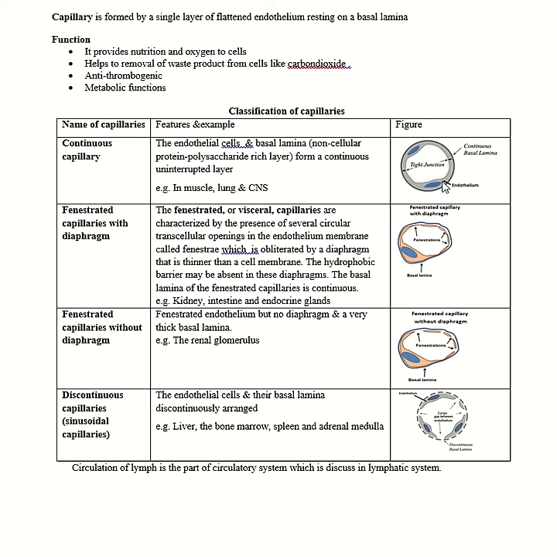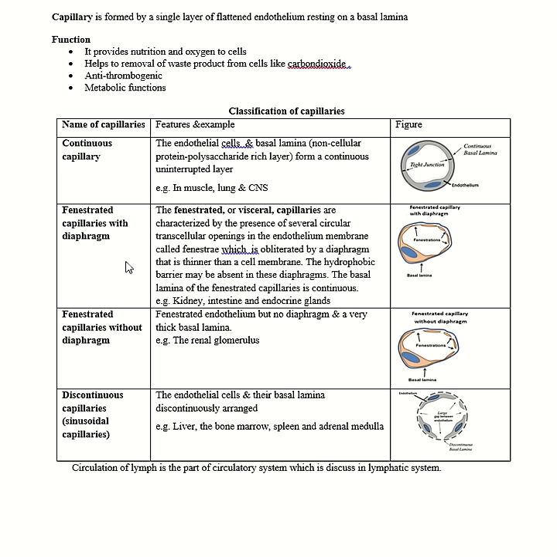This type of capillary is very common, and they usually form different types of barrier, for example, the blood-brain barrier, blood-thymic barrier, and blood-retinal barrier. So this type of capillary is used in barrier function.